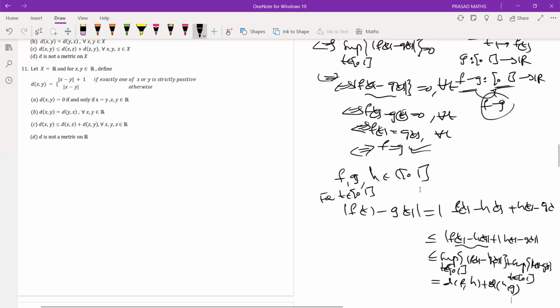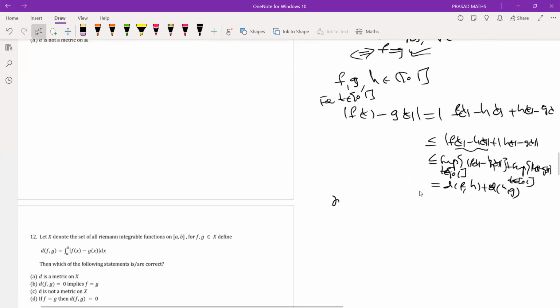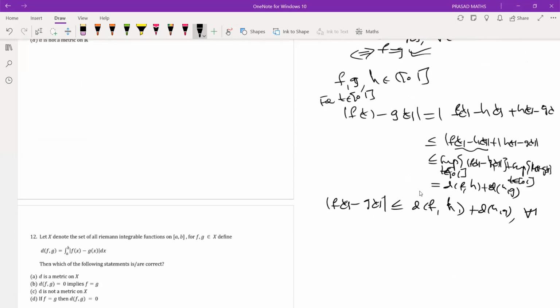Therefore, what you observe is that |f(t) minus g(t)| is always less than or equal to the distance between f and h plus the distance between h comma g. This is true for every t, because if you take any t, this is true.